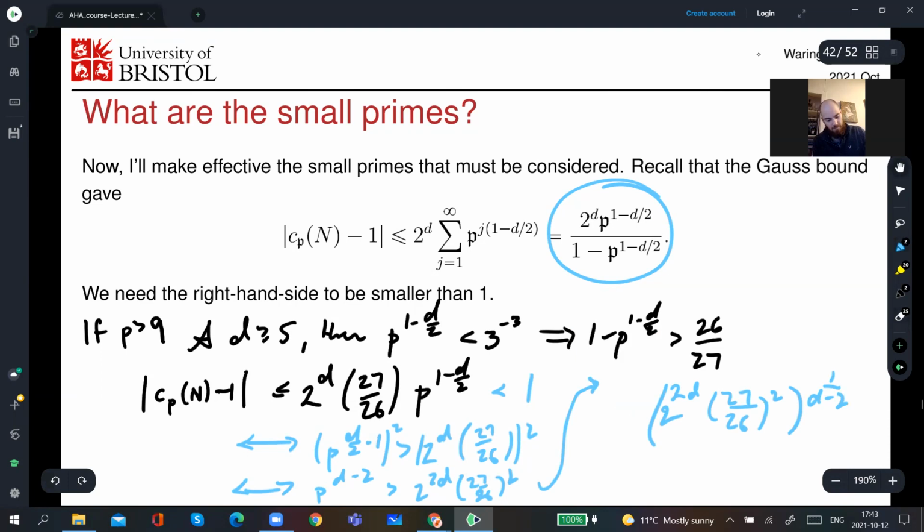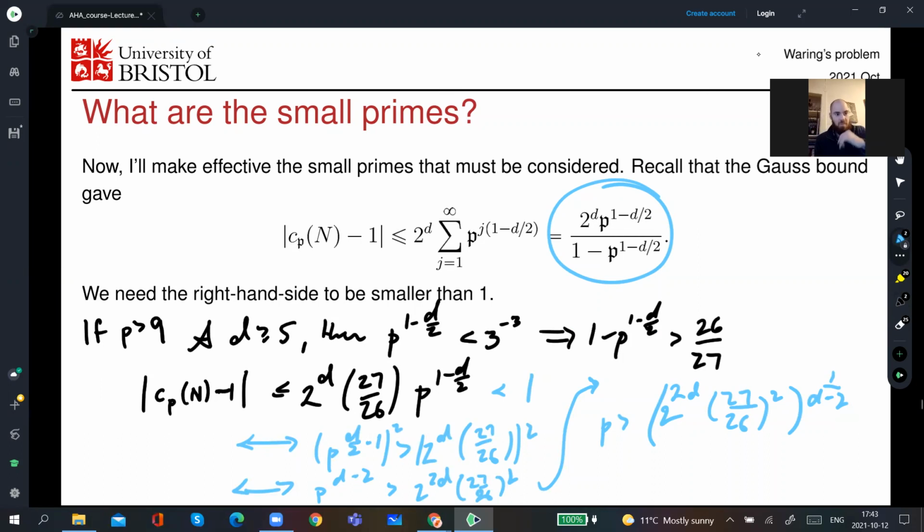Let's clean this up a bit. This is biggest when d is smallest, so d is 5 in this case. And when you just plug this into a calculator, what you end up finding out is that this is roughly 10.20697.